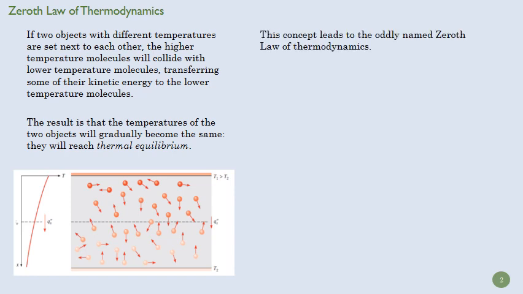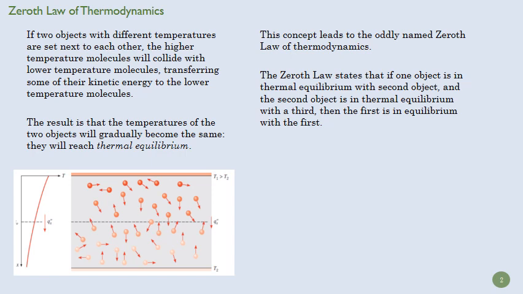This idea leads to the zeroth law of thermodynamics, which basically says that temperatures are going to be the same no matter where you're measuring them. Technically what it states is that if one object is in thermal equilibrium with the second, and the second is in thermal equilibrium with the third, then the first is in equilibrium with the third.